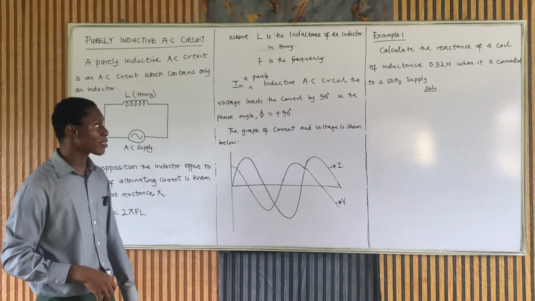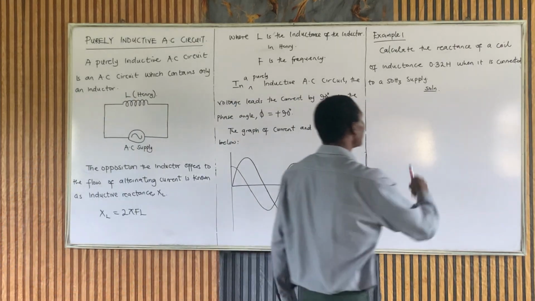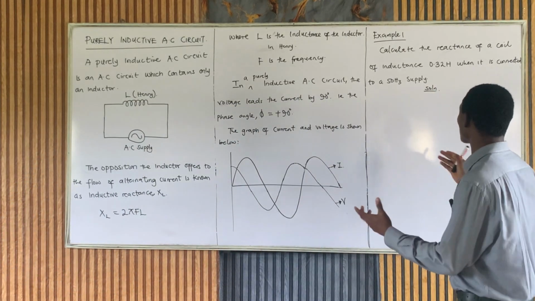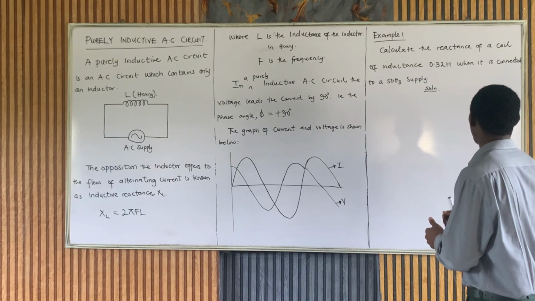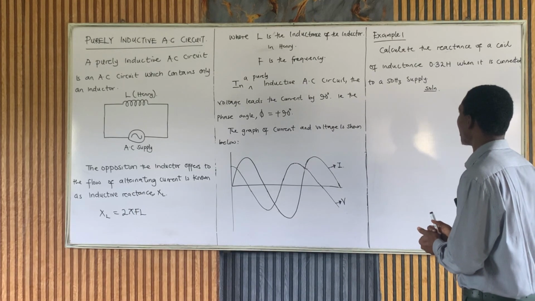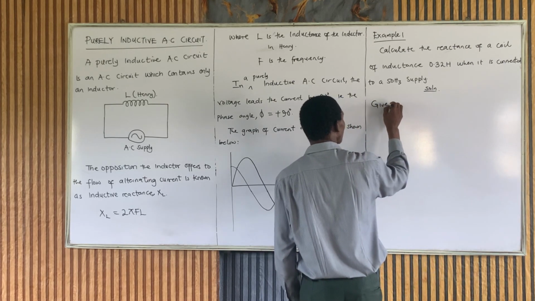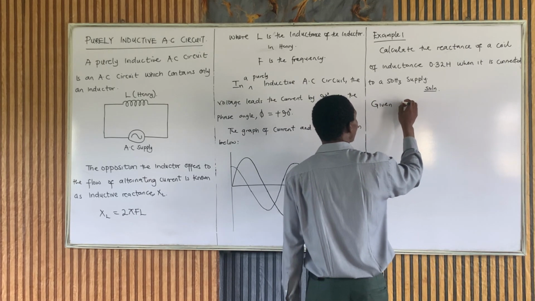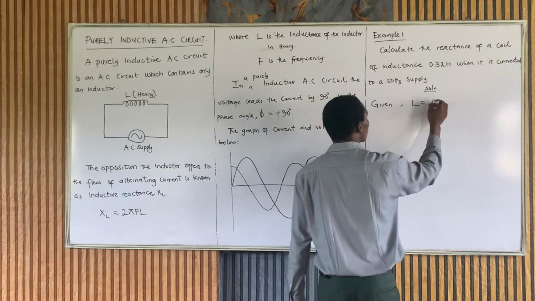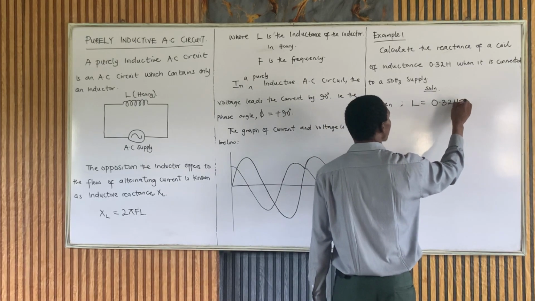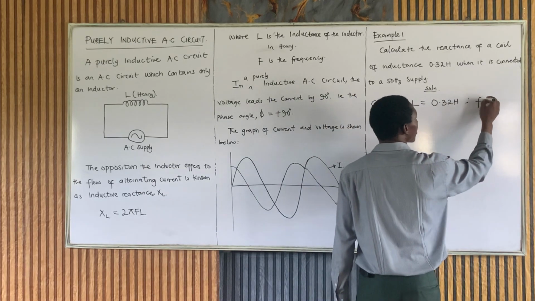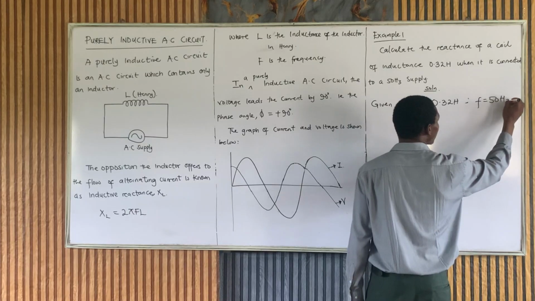Let's take this first question. Calculate the reactance of a coil of inductance 0.32 Henry when it's connected to a 50 Hz supply. So we are given here the inductance of the inductor, 0.32 Henry, and we are given the frequency, 50 Hz.